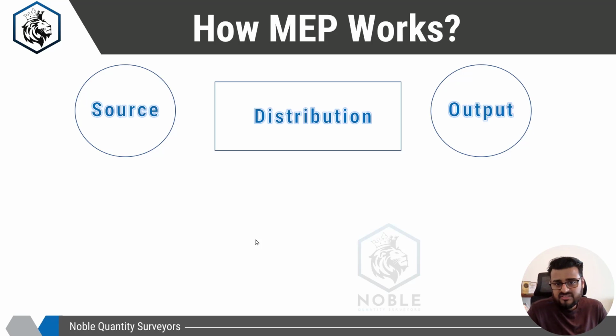The sun is a source, sunlight is the distribution medium, and earth is the output. If we need light, the main source is the sun, sunlight is the distribution channel, and earth is the final output where we receive the light. The same applies to MEP works.